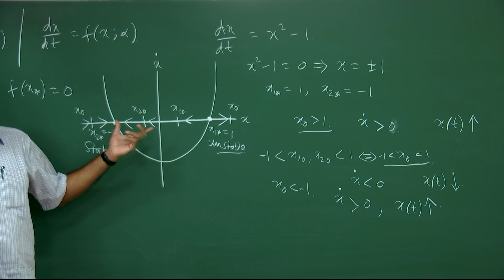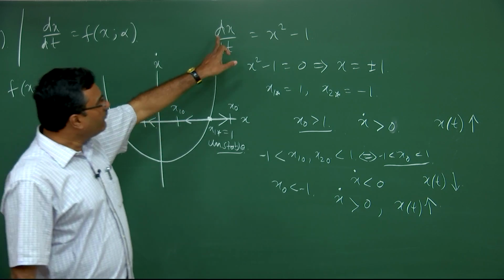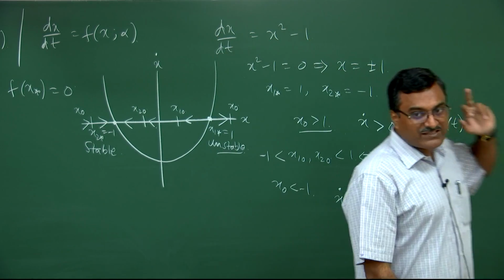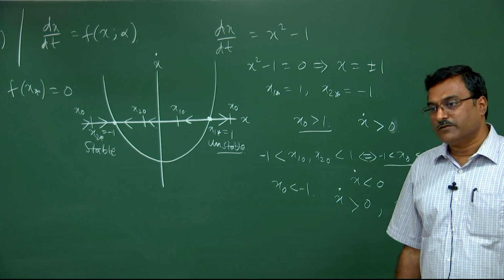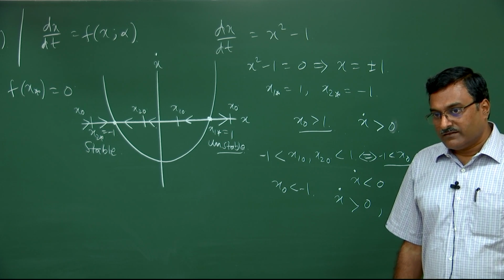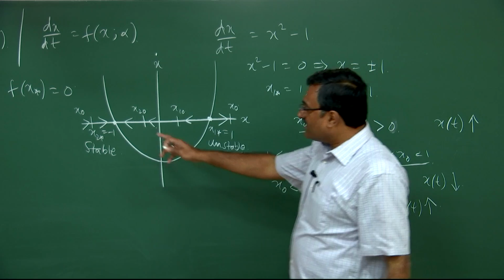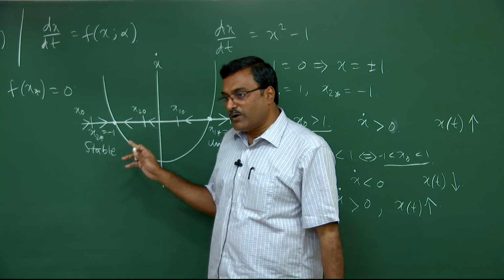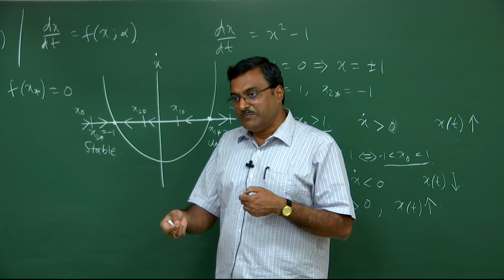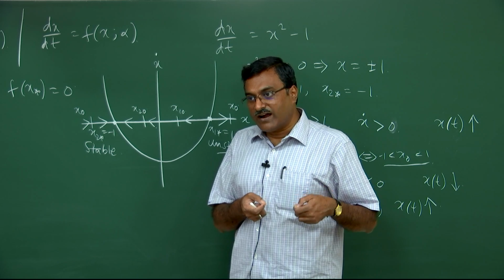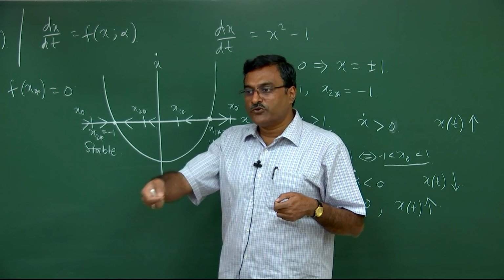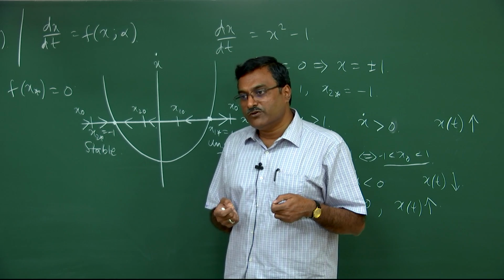Why is this called a local stability property? Because if you look at this equation, dx dt equal to x square minus 1, this is defined for all real values of x, right. But for x2 star equal to minus 1, we cannot make a general statement that whatever your initial condition may be, the solution trajectory will approach the equilibrium point x2 star equal to minus 1.